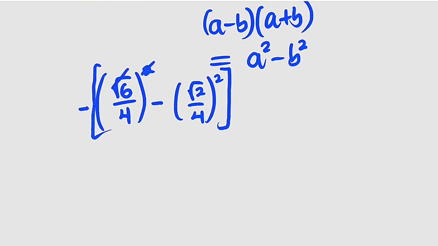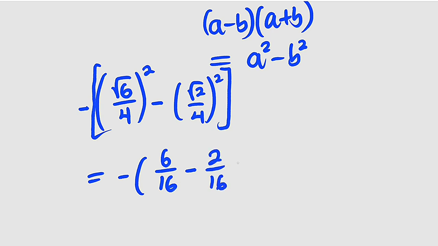The power of 2 will eliminate the square root, leaving only 6 on top. On the bottom, we have 16 because 4 squared is 16. Minus, the power of 2 will eliminate the square root, leaving 2 divided by 4 squared, which is 16.